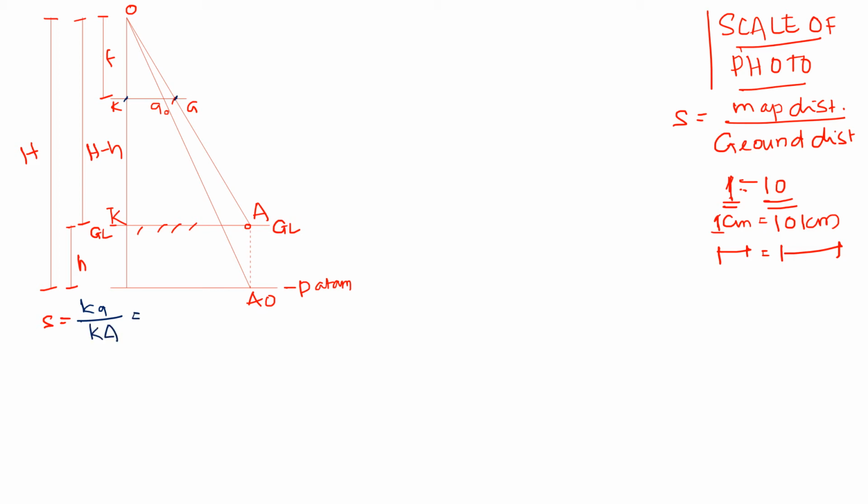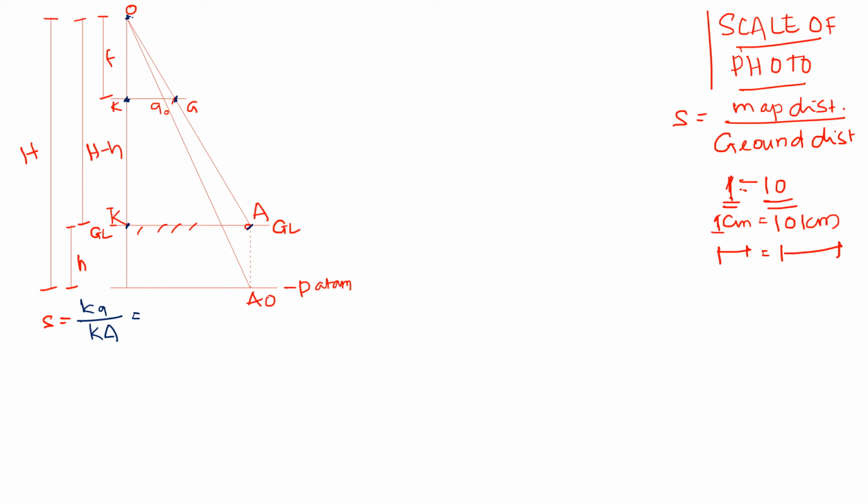From the similar triangles, because I know the values of the focal length, height of the object, and this part, I can easily get the values. I'll consider this triangle O, K, and a for the map distance, and O, K, and A for the ground distance.